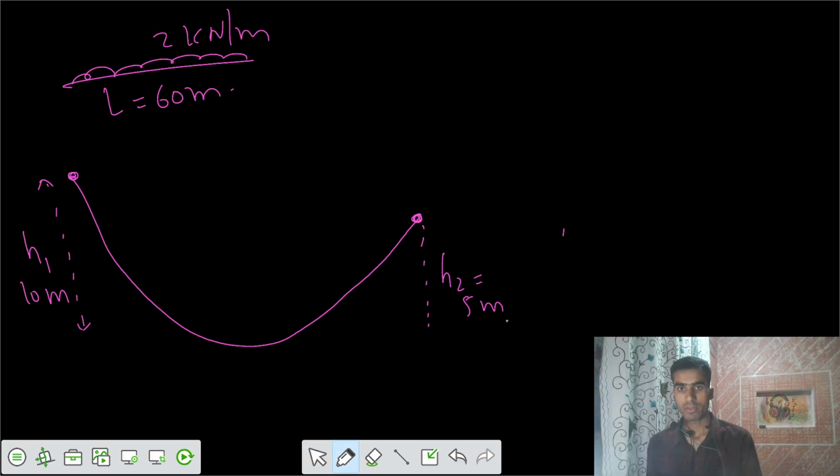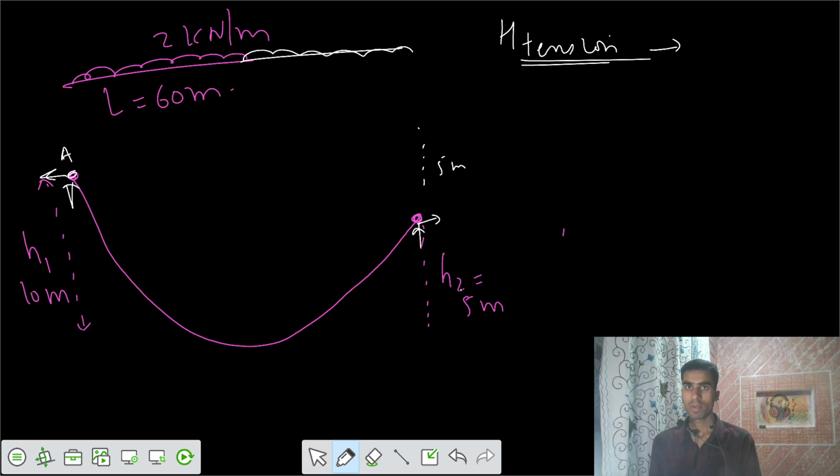That means the elevation difference was initially 5 meter. Now we have these two supports, support A and support B, and the horizontal span is 60 meter with UDL acting at 2 kilonewton per meter, and you need to get the horizontal tension.